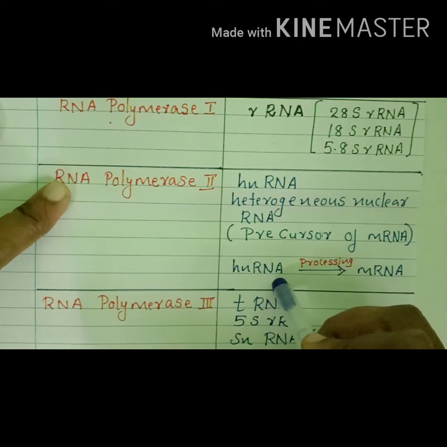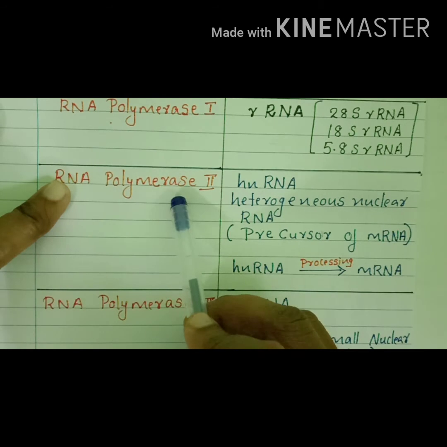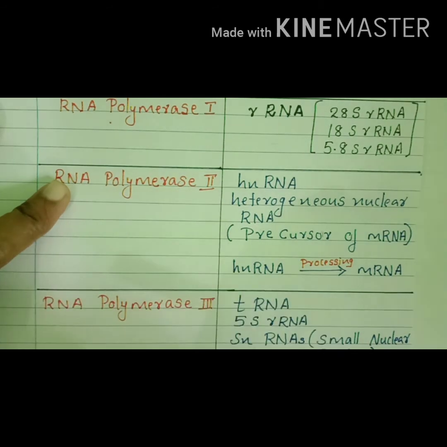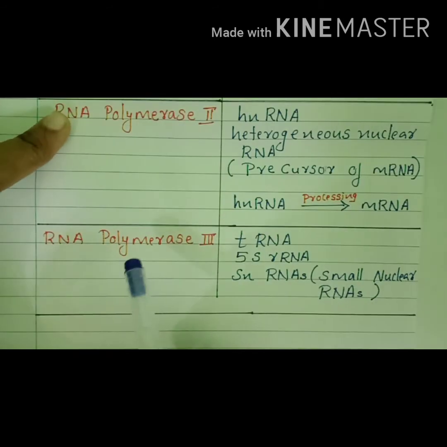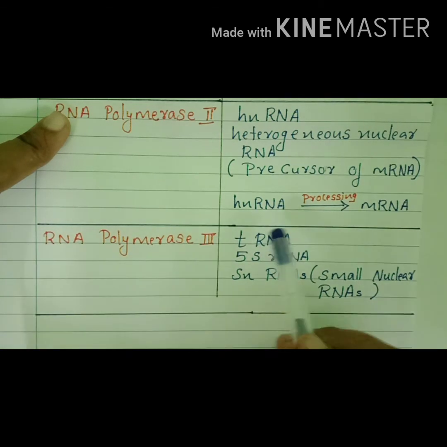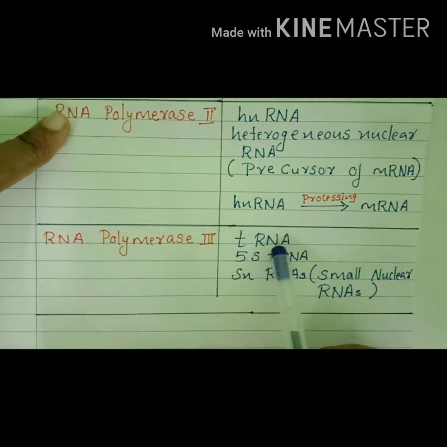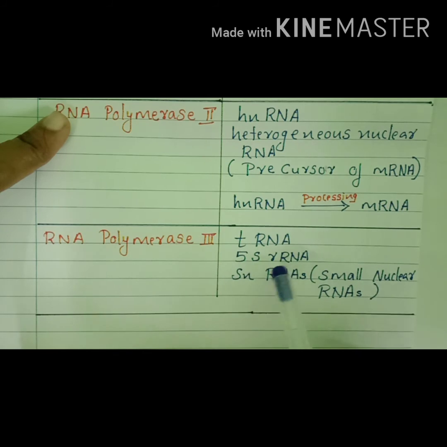It is formed through hnRNA. And hnRNA is formed from which RNA polymerase? RNA polymerase 2. And RNA polymerase enzyme 3 transcribes tRNA, 5S rRNA and small nuclear RNA, that is snRNAs. These three RNAs are formed from RNA polymerase 3.